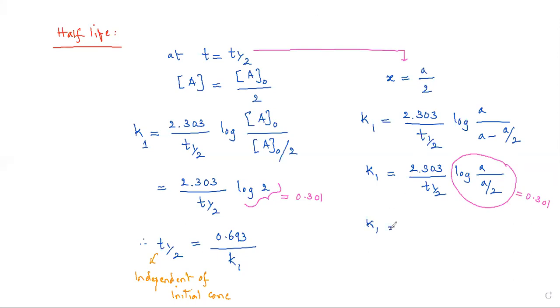Let me straight away write the expression for T half. T half is equal to 0.693 by K1. So in case of first order, remember, T half, I mean the half-life, is independent of what the initial concentration of the reactant is.